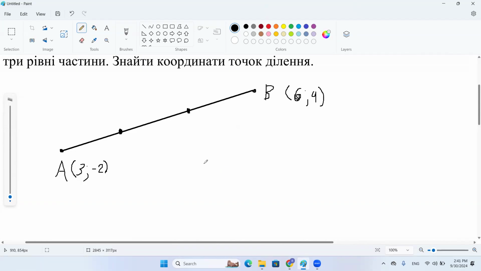So now let's divide it by 3. Let's mark them O1 and O2 in such a way. So any ideas how to write it?